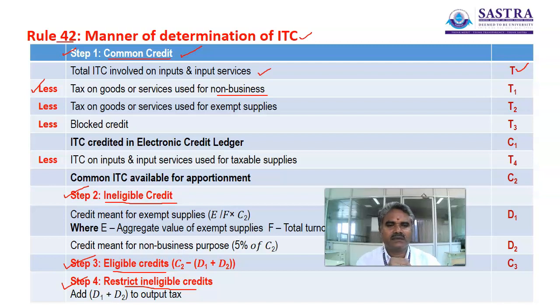T denotes this symbolic item, total input tax, not turnover, total input tax, T. Total input tax is T, not total turnover. I mentioned it wrongly; it is total ITC.